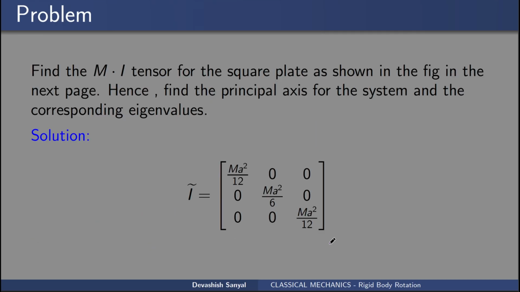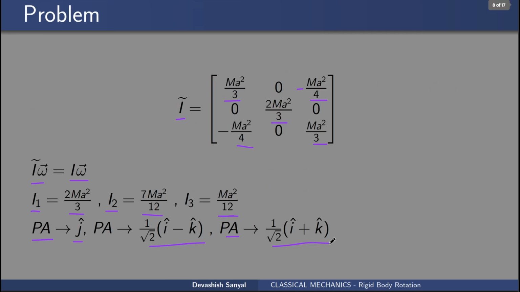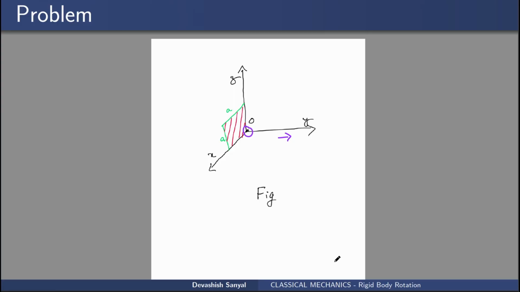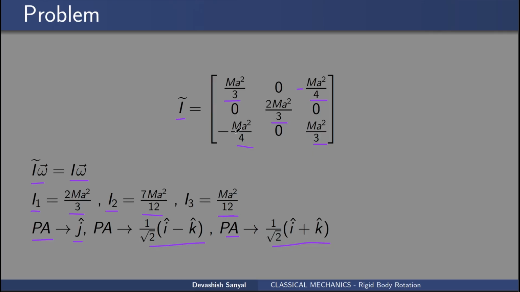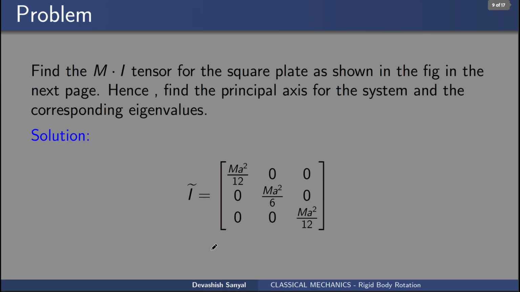So I plus k you can easily see will be in this direction, somewhere along this direction. Okay, along this direction. Similarly, you can find out what will be the direction of I minus k by root 2. Okay, so this is how you do it.